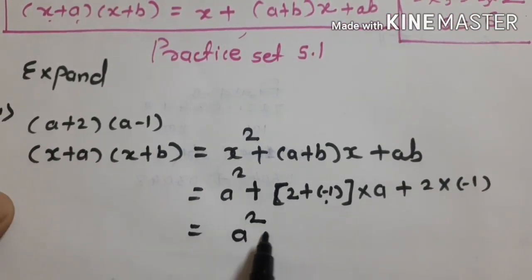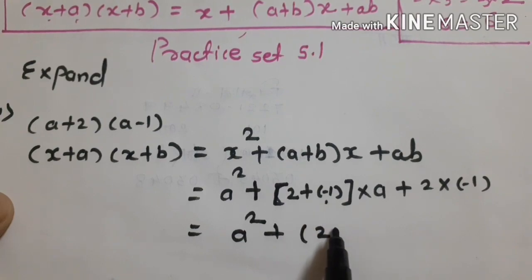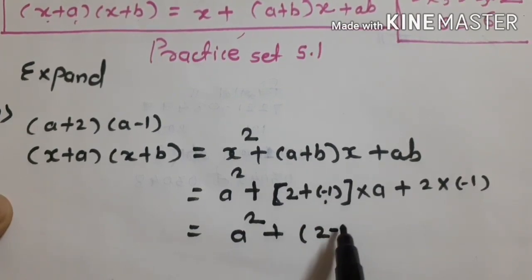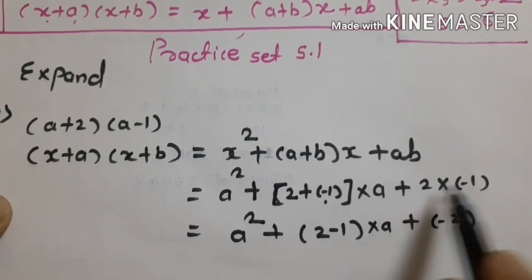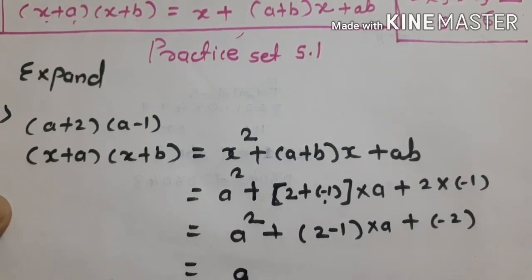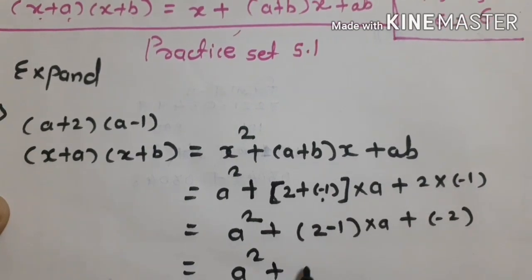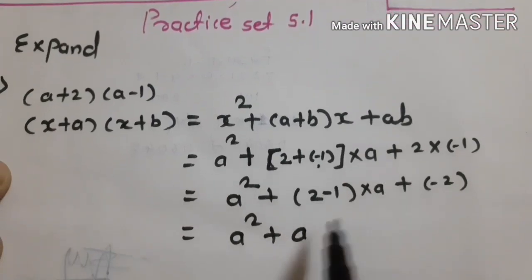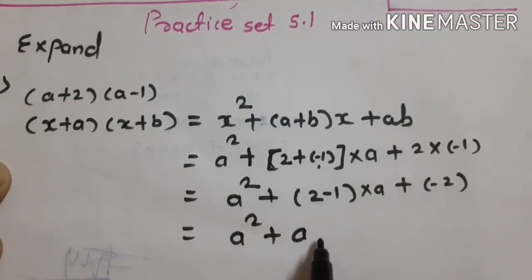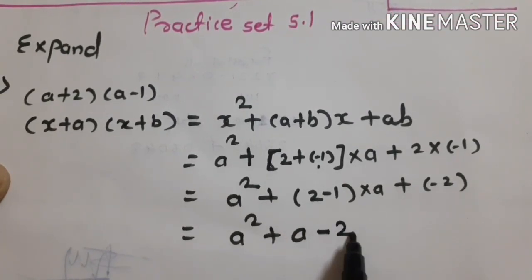Therefore, a square plus 2 minus 1, which is 1, into a, we write just a, and plus 2 into minus 1, the product is minus 2.